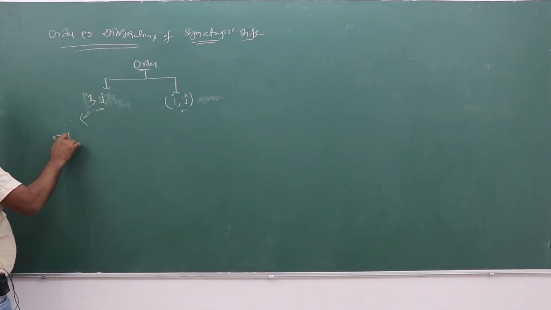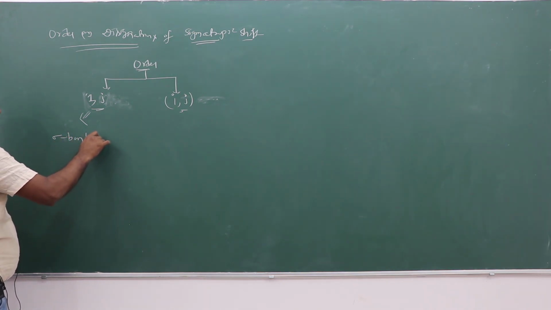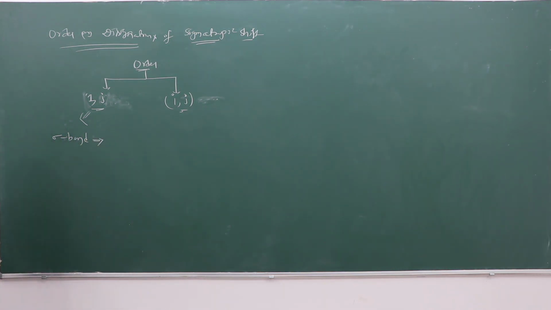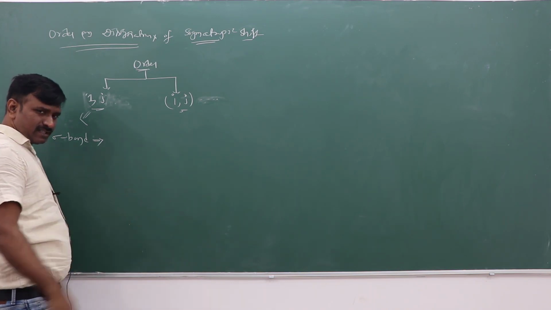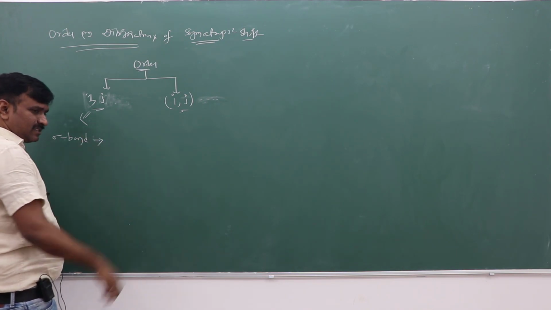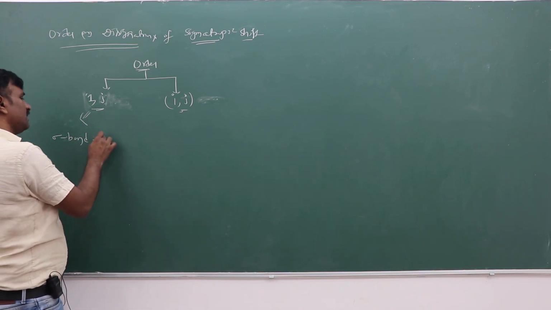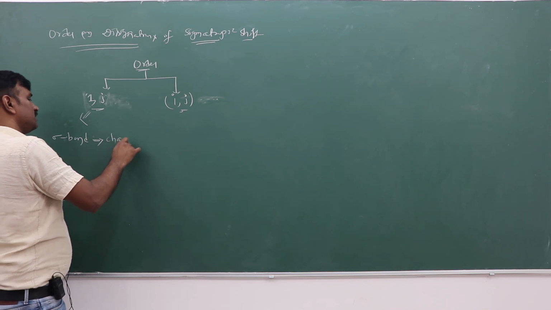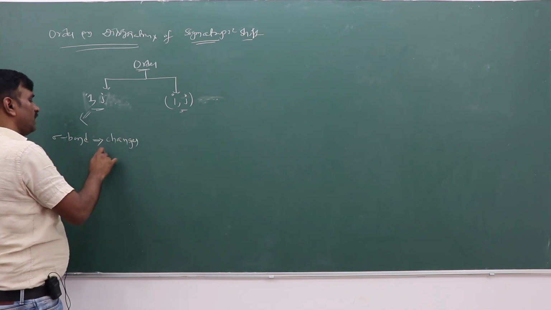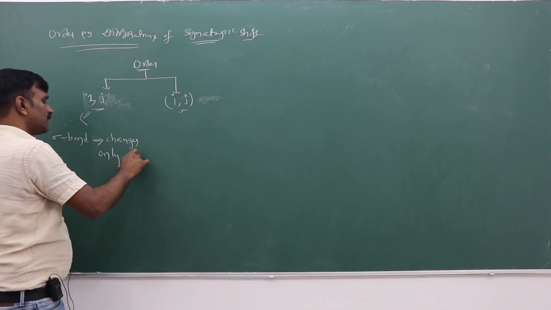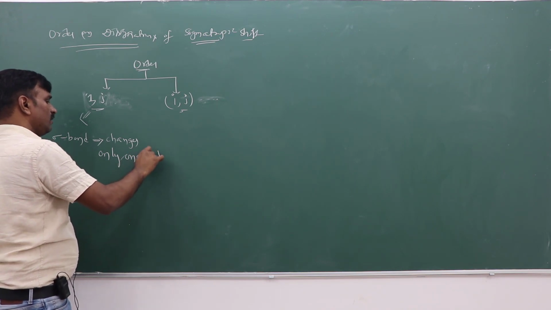1j order means the migrating sigma bond migrates, and only after migration, the migrating sigma bond attaches to a new position. If a 1j shift takes place, the migrating sigma bond changes only one end.